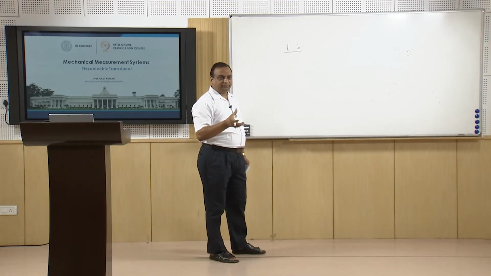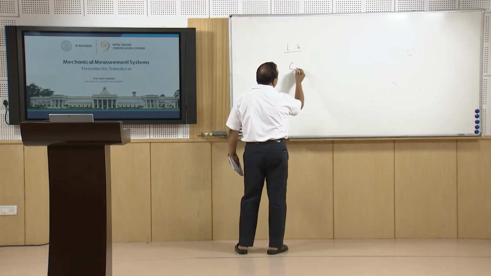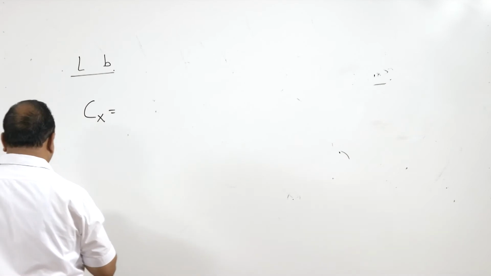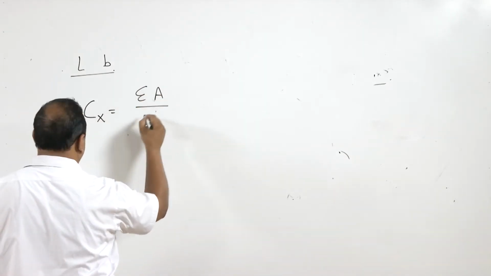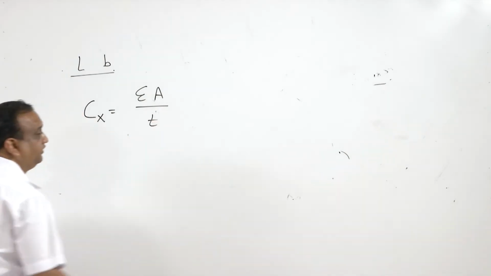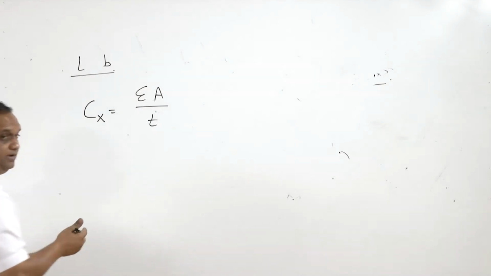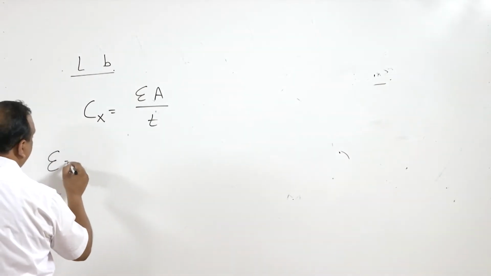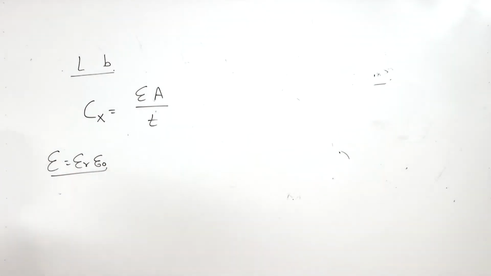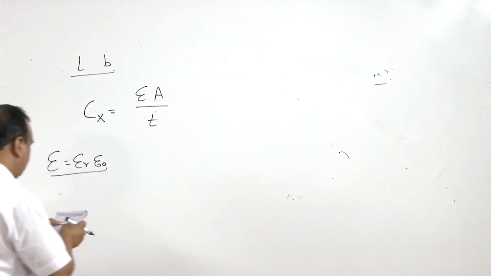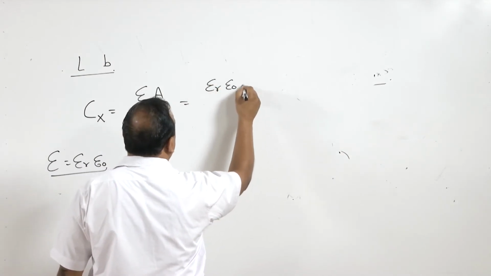So some charge is developed because it will work as a capacitor. So capacitance Cx is equal to epsilon A by T. T is the thickness of the crystal. And this epsilon is permittivity, and epsilon is relative permittivity multiplied by absolute permittivity. Or we can write as epsilon R, epsilon O, A by T.